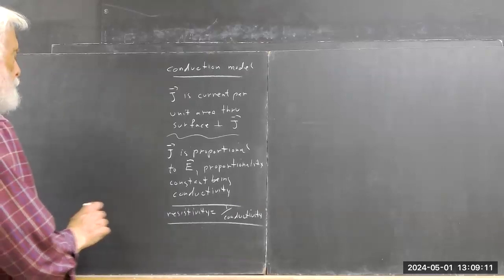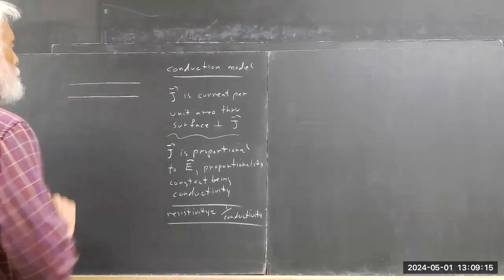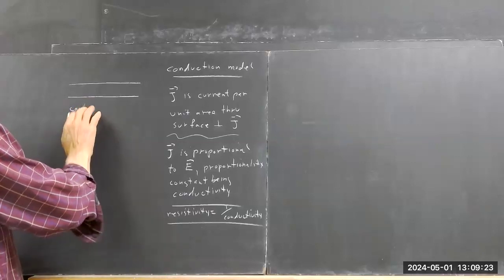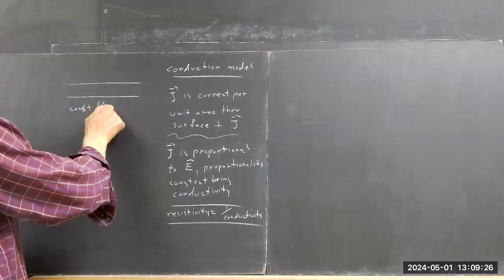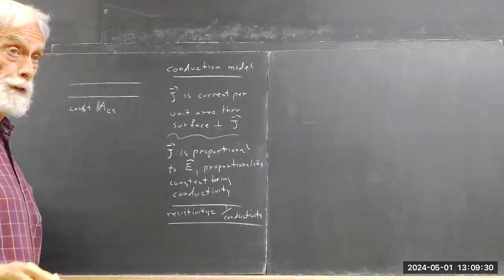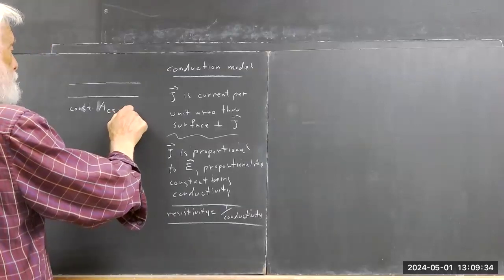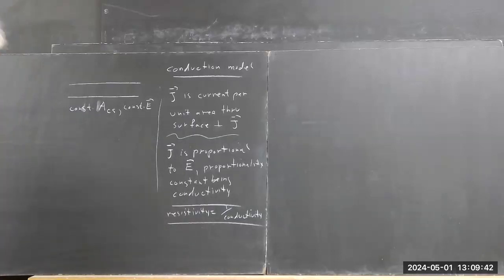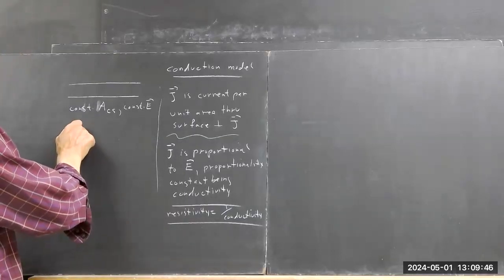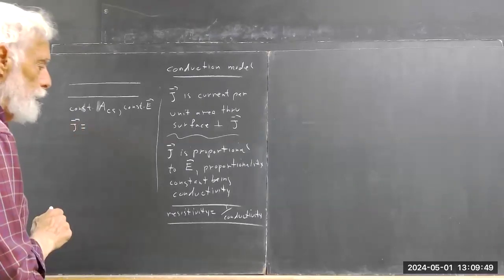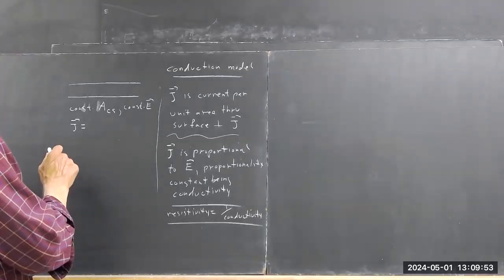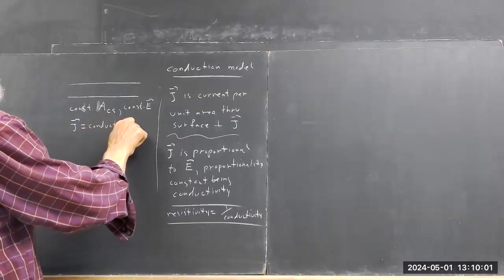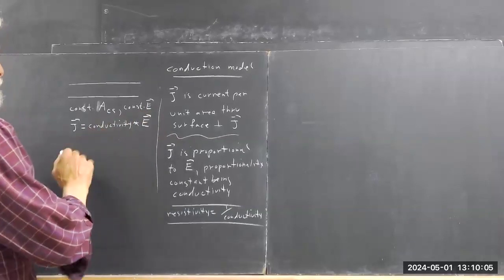Now, if we've got a chunk of wire with constant electric field, where A sub CS means cross-sectional area, constant cross-sectional area, constant electric field, then when you use a symbol for conductivity, that's fine.